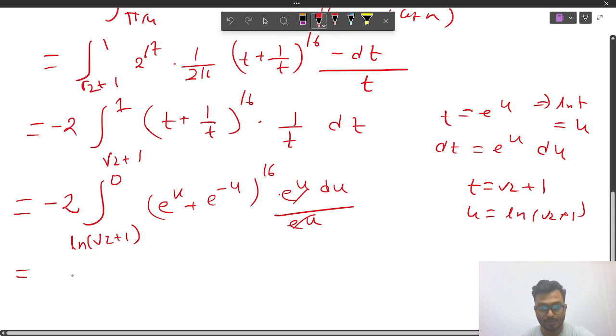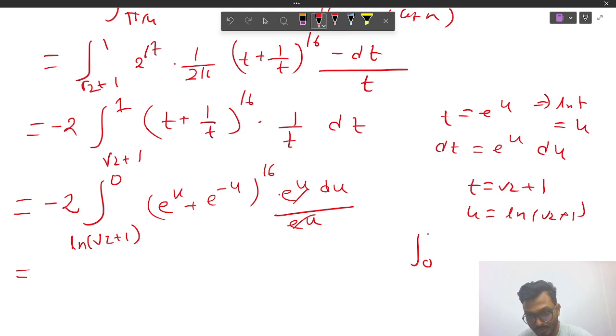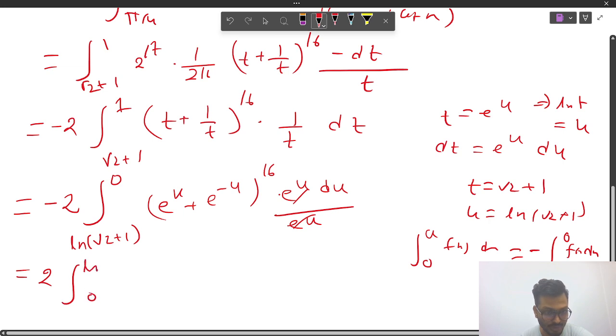Now we know another property: if we take the integral from 0 to a of f(x) dx, we can write it as minus the integral from a to 0 of f(x) dx. So we can do the same thing: 2 times the integration from 0 to ln of root 2 plus 1 of (e to the power u plus e to the power minus u) to the power 16 du.